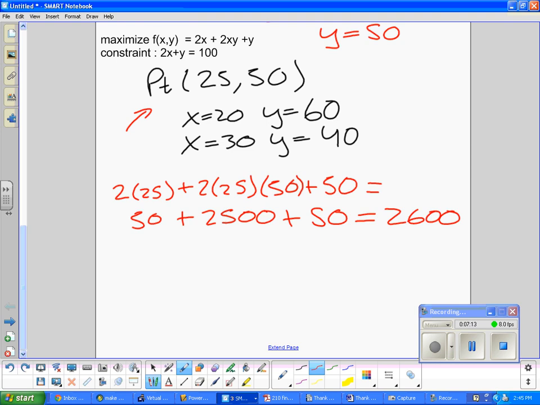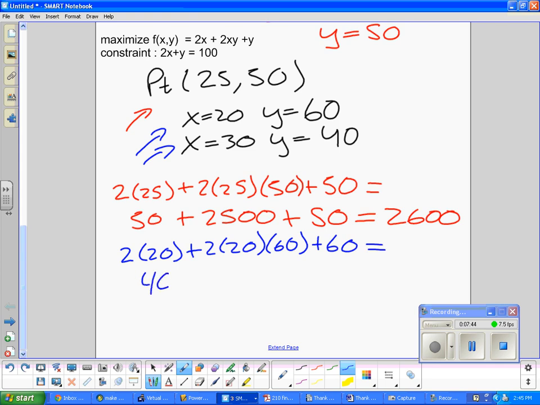If this is a maximum, then the two points near it on the constraint function will turn out to be less than this point. So we'll try point 20: 2 times 20 plus 2 times 20 times 60 plus 60.